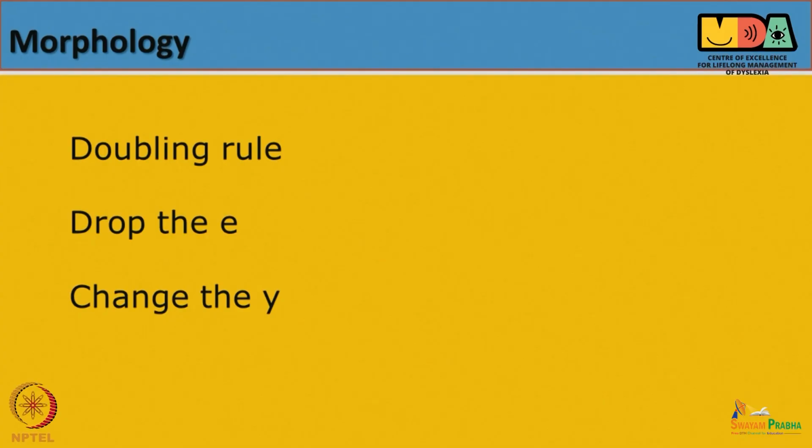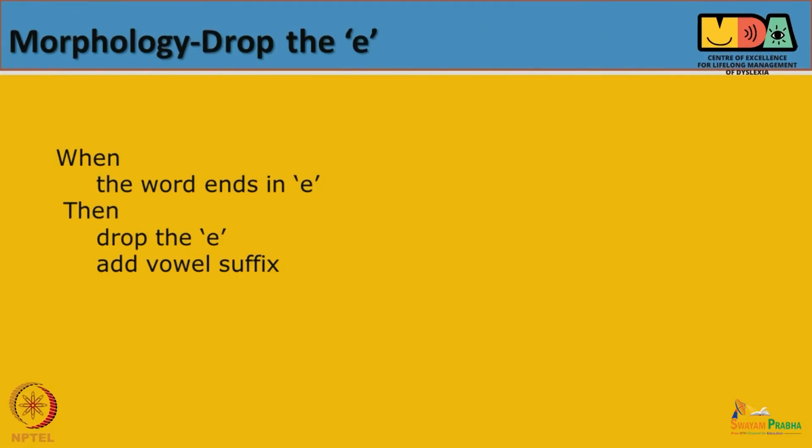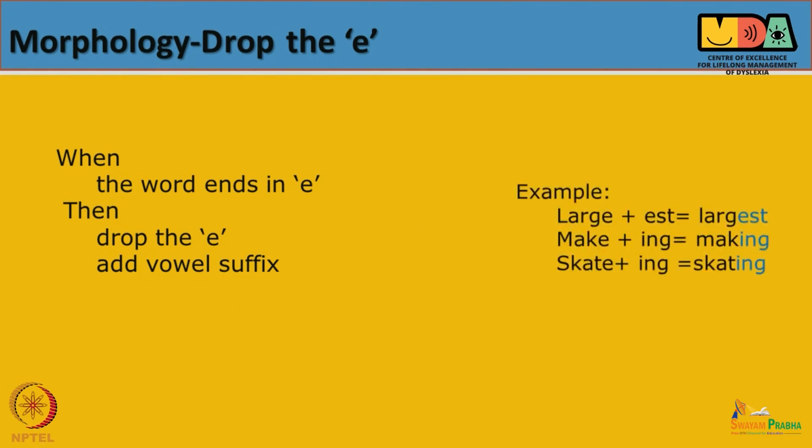Our next rule is the drop the E rule. The rule goes like this. When there is a word that ends in E and you want to add a vowel suffix, then you have to drop the final E and add the vowel suffix. For example, in the word large, it ends in E, but you want to add EST.